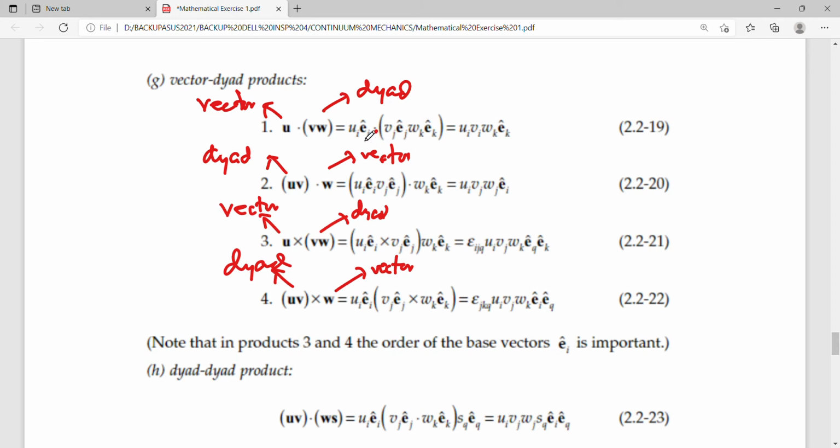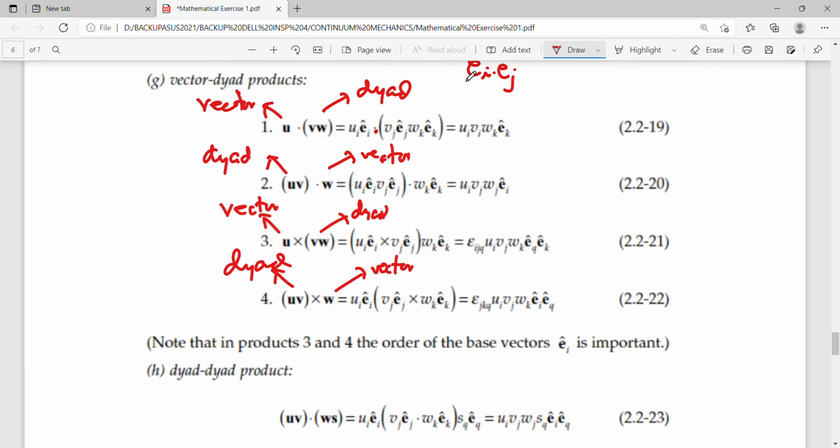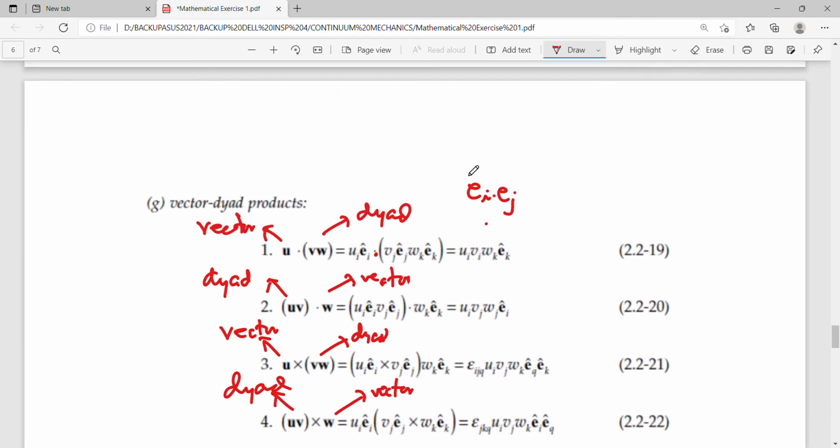Okay, so when you dot an EI dotted to EJ according to our elementary operation, what is this? This is simply a delta ij. Okay, so delta ij will now be what?